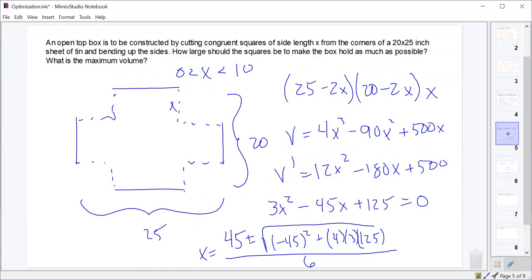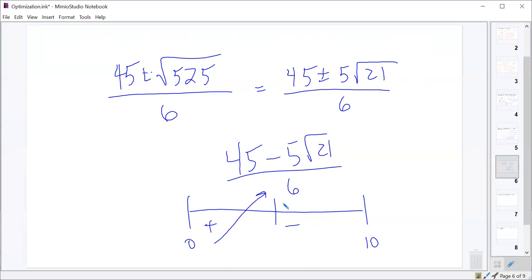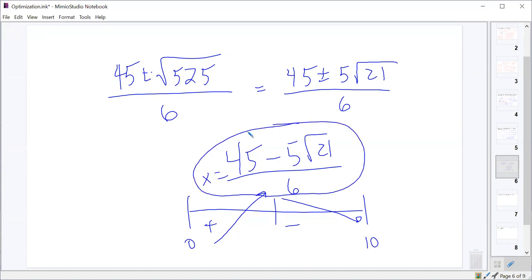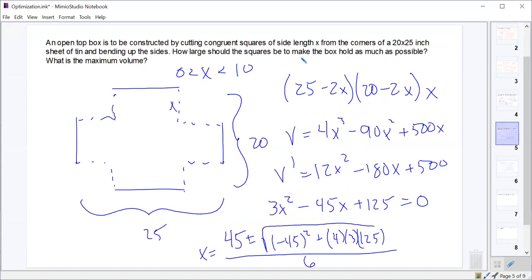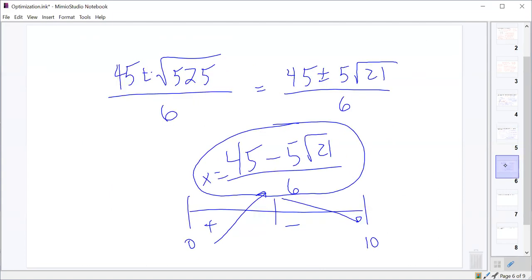And if we plug in something like 9, this is going to be 81 times 12 minus 180 times 9. That's a very big negative. Plus 500 still ends up being negative. So negative, and we end up with a local max. So that's what we want x to be to have a maximum. And then you would just plug it into your volume equation to find the actual maximum volume.